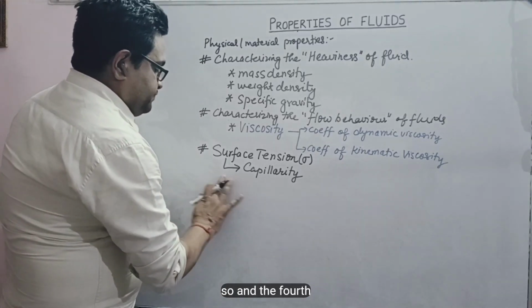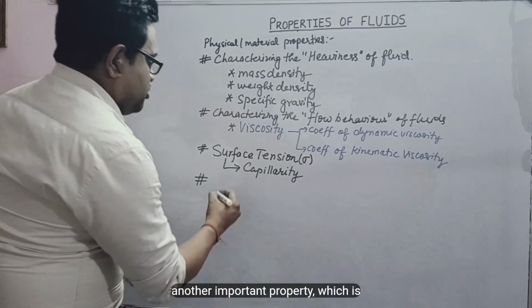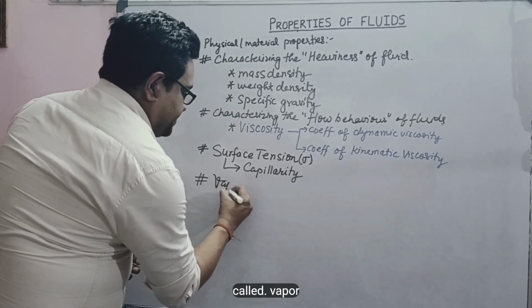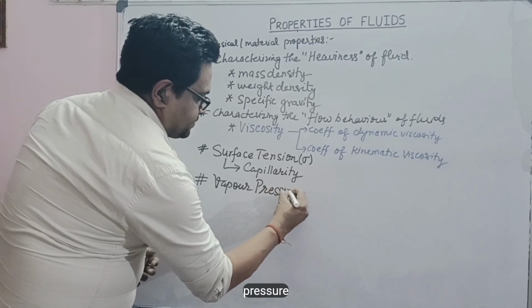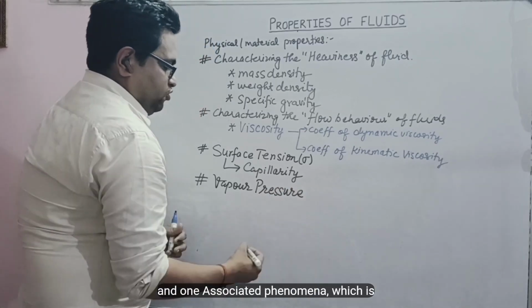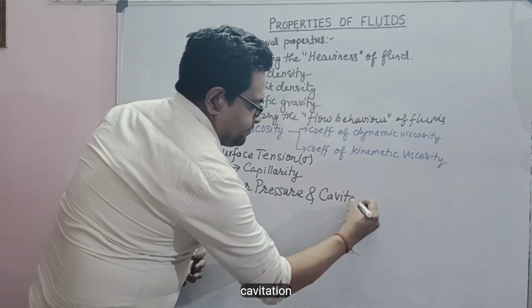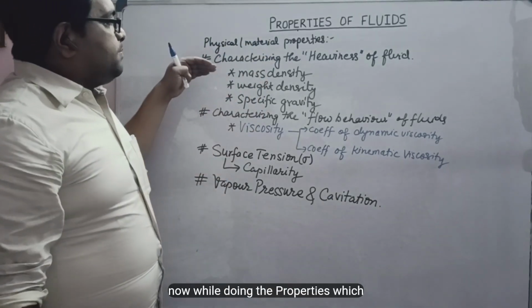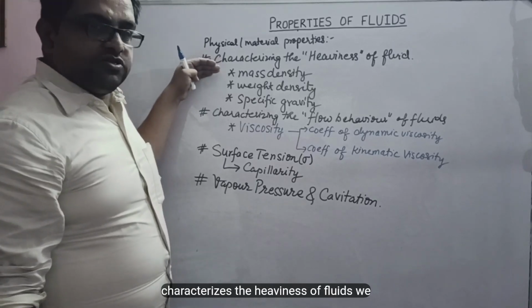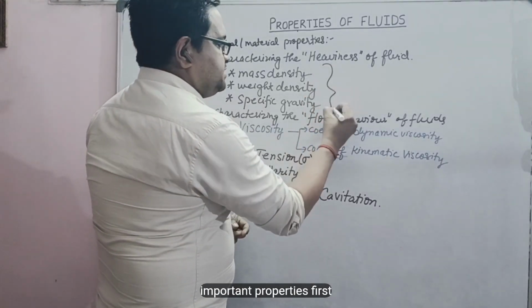And the fourth category includes another important property which is called vapor pressure, and one associated phenomenon which is called cavitation. Now, while doing the properties which characterize the heaviness of fluids, we will also encounter two important properties.